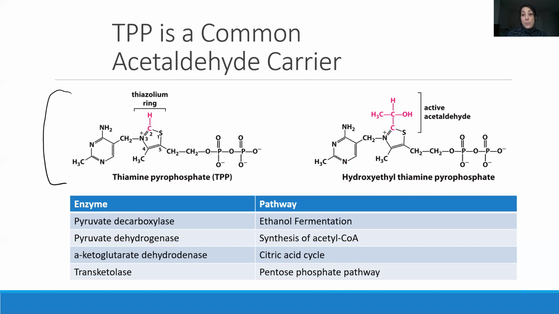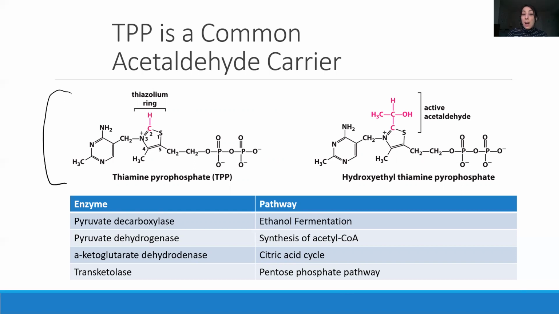Now, this is one of the coenzymes that was brought up. It's actually a form of vitamin B1, which is also called thiamine. That's where the thiamine portion comes from. And it is attached to the first enzyme of our pyruvate dehydrogenase complex, E1.